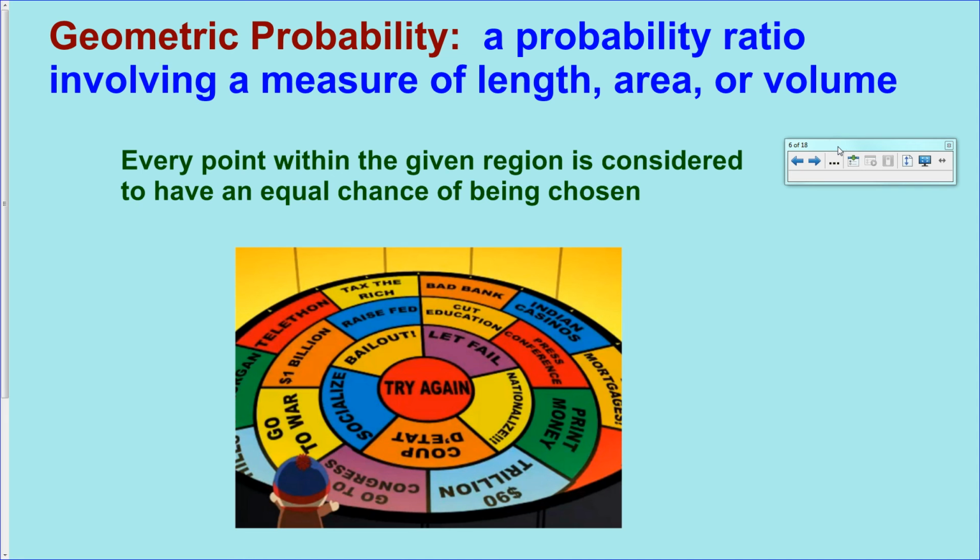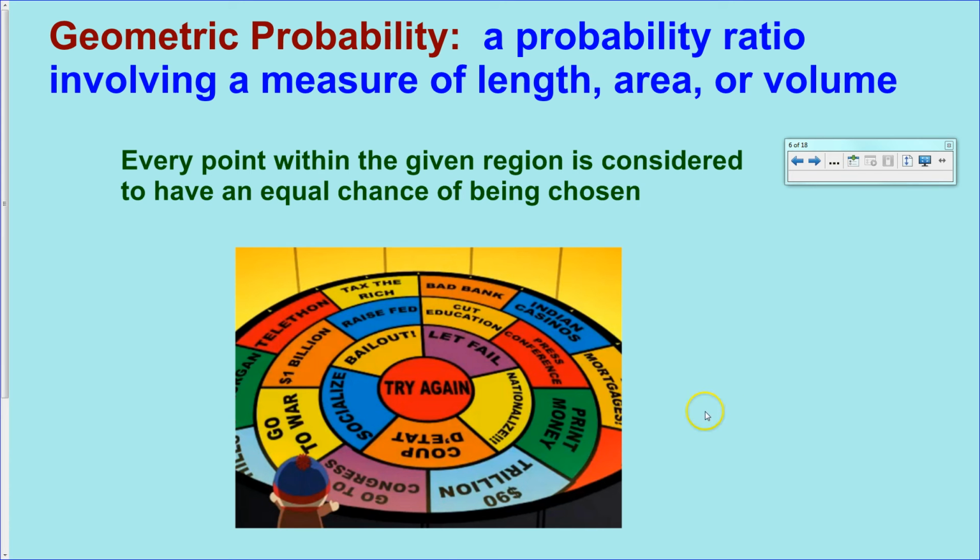Geometric probability. This is a new concept for you, which is simply a probability ratio involving a measure of length, area, or even volume. And generally when we do a problem that has to do with geometric probability, we assume that every point within the given region that's defined has an equal chance of being chosen.